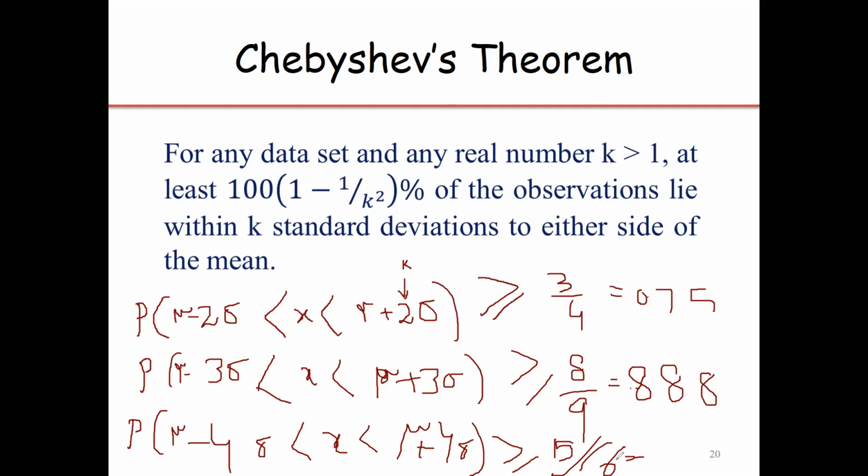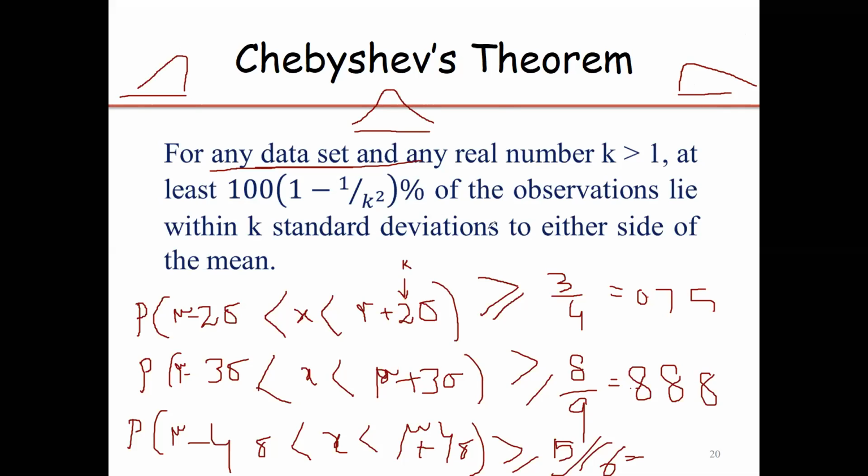This theorem is known as the Chebyshev theorem, and it is valid for any set of data, for any shape of data. If your data is right skewed, then the Chebyshev theorem is valid. If your data is left skewed, then it will also hold. If your data is symmetrical, then it can also be applied.